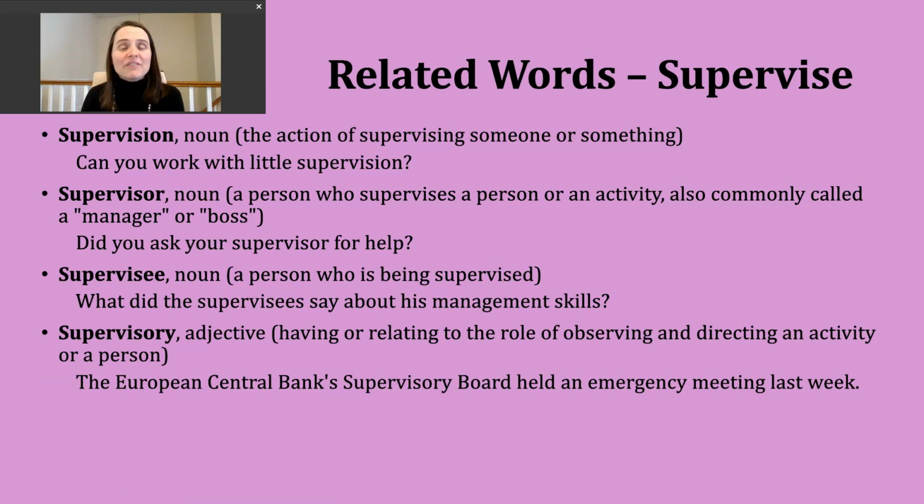An example of this word might be in the sentence, the European Central Bank Supervisory Board held an emergency meeting last week, right? So this board, this group, is in charge of observing and directing banks in Europe, okay? So hopefully we can see how that adjective is describing the board's work.